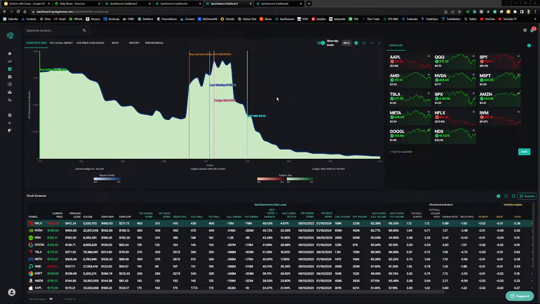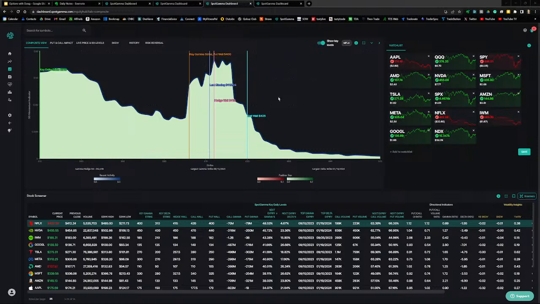So this is a very reliable setup on Friday expiration, both on weekly and especially on monthly expirations. And the only thing that really would boost a stock higher is if traders are buying calls tomorrow that expire at the end of the day. In that case, market makers may have to continue to buy stock to hedge their delta exposure. Otherwise, if traders are not aggressively buying calls or buying stock, this is a very reliable short setup.